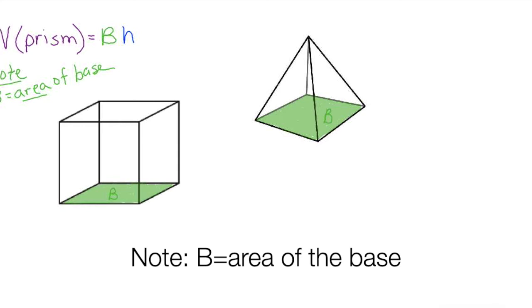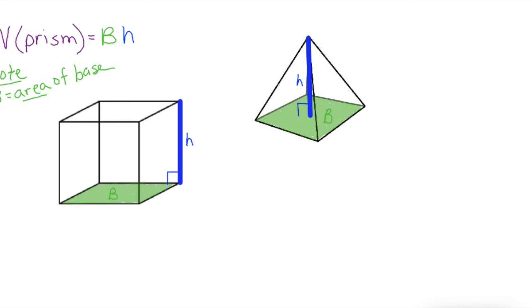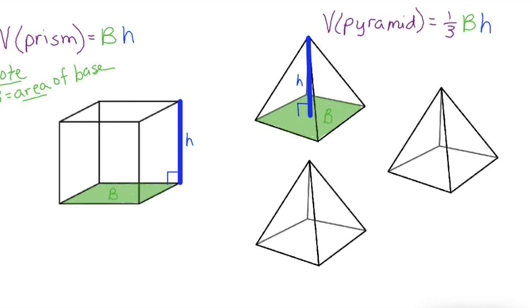They are congruent squares. And the height of each are the same, and they're illustrated in blue. And based on our experiment, it took 3 of those pyramids to fill up that one prism. So the volume of one pyramid would just be 1/3 as much as the volume of the prism.